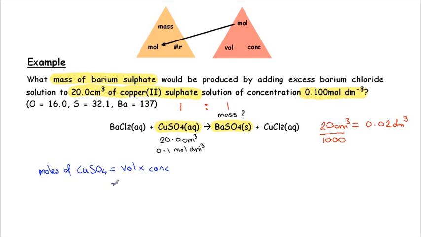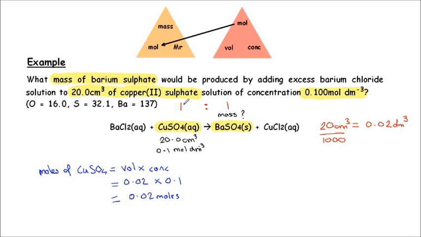And we know that the volume is 0.02 decimeters cubed, and we know the concentration is 0.1, so we can do that. So in that case we've got 0.02 moles of copper sulfate. Okay, so those are our units there, moles of copper sulfate.